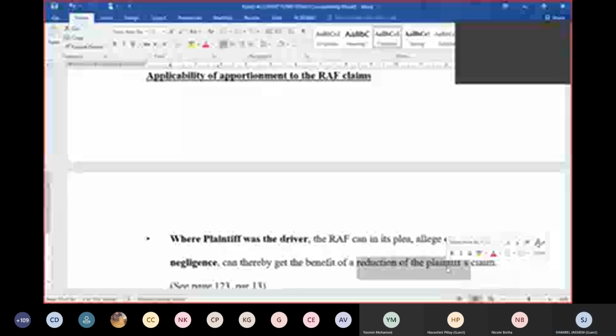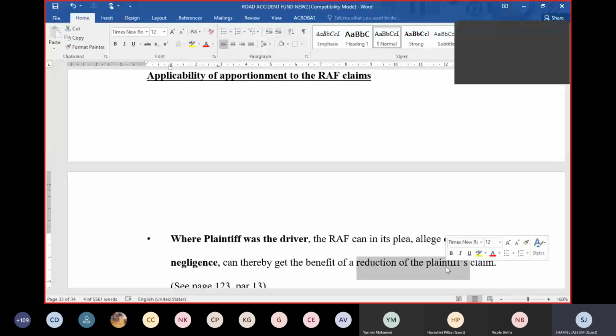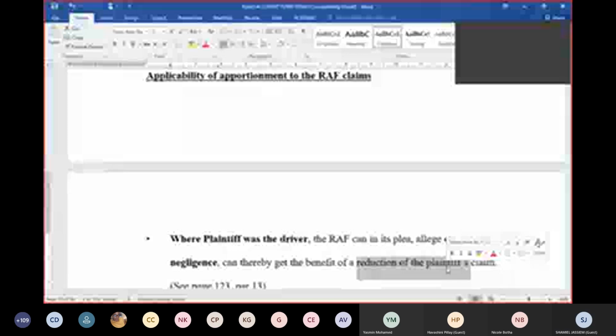So the passenger lodged a claim on behalf of the minor child. This child was hospitalized. My passenger is now claiming general damages on behalf of the minor child, as well as medical and hospital expenses. So there are 2 claims.